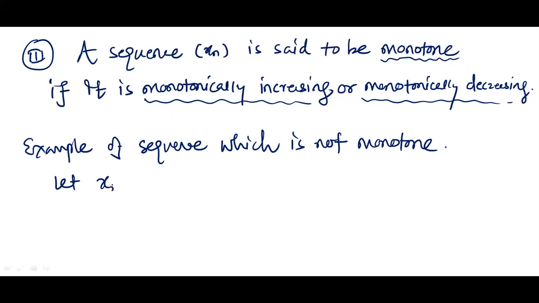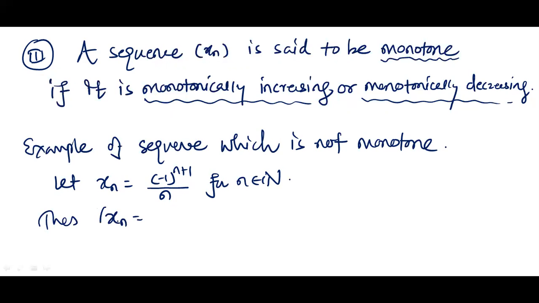Let xn is equal to minus 1 raised to n plus 1 divided by n for n belongs to N. Then the terms of the sequence xn are: first term is 1, second is minus 1 by 2, third term is 1 by 3, minus 1 by 4, 1 by 5, minus 1 by 6, and so on.